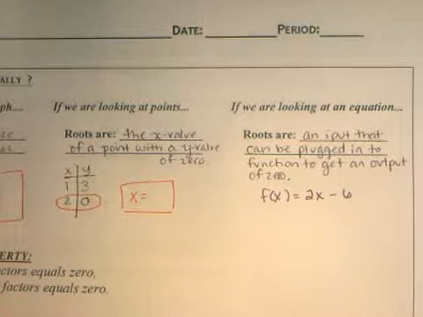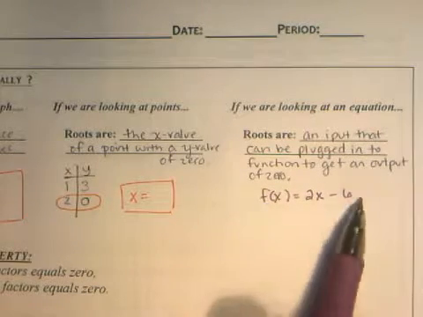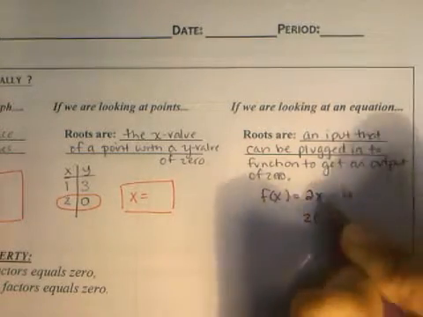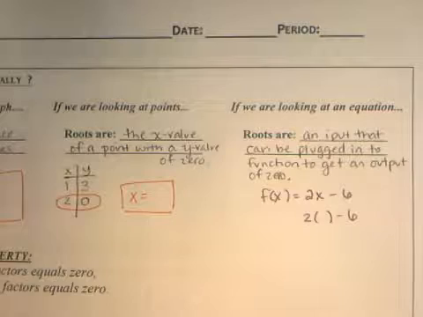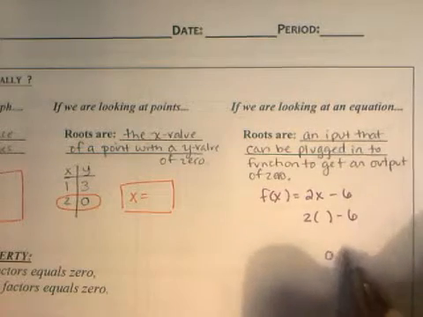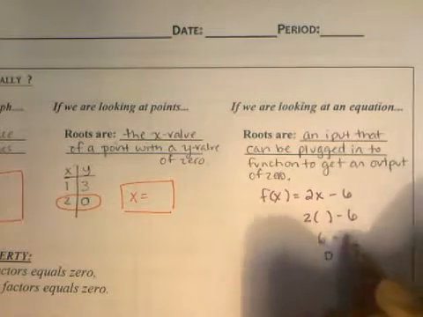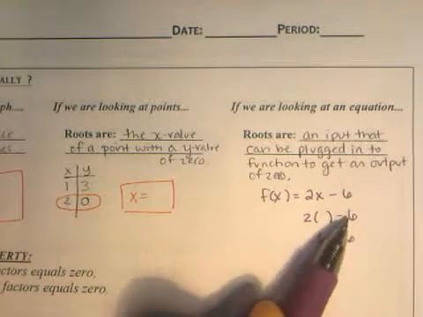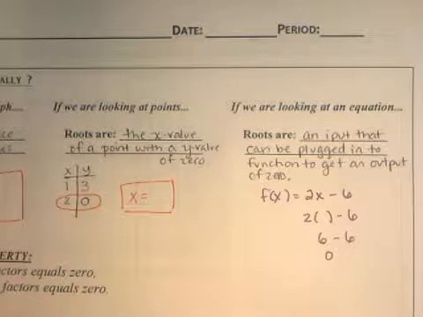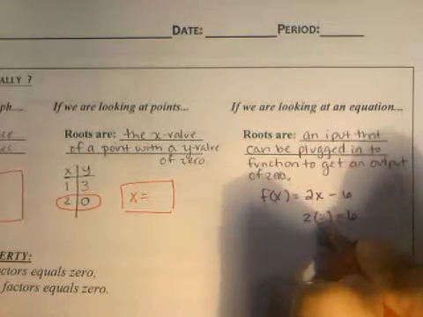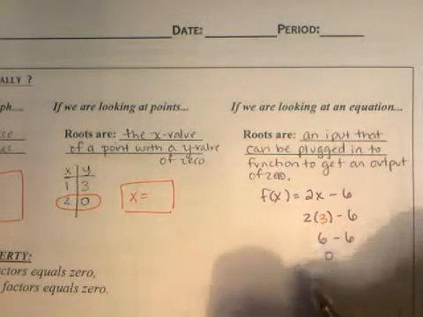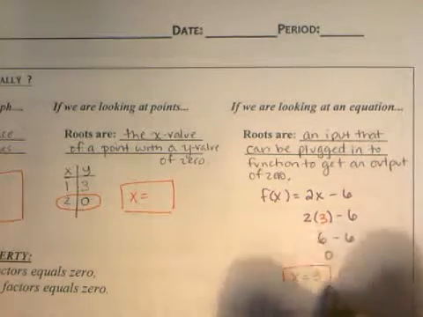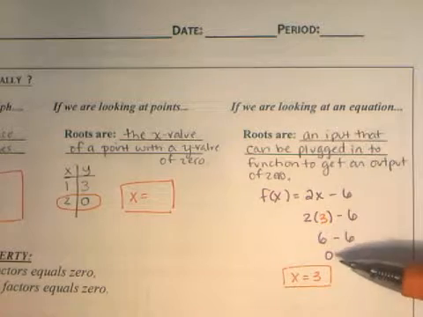You can kind of think to yourself in your head, if I wanted this function to equal 0, well, I would plug in a number for x, and I know if it's really going to equal 0 at the end, 0 is the same thing as 6 minus 6. So I'm going to have to plug in a number that will make this first term equal 6, and oh, you can probably see that number is going to be 3. Well, that means that for this function, 3 is a root, because if I plug in 3, the output of the function will be 0.